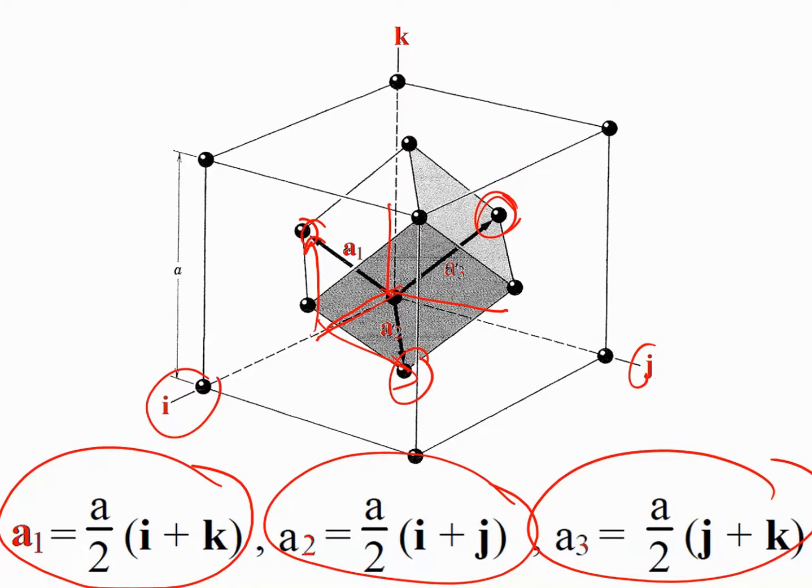If you already forgot how to get these vectors for the primitive cell, then you can refer back to the first chapter or second chapter. Okay, I have explained it during that time.